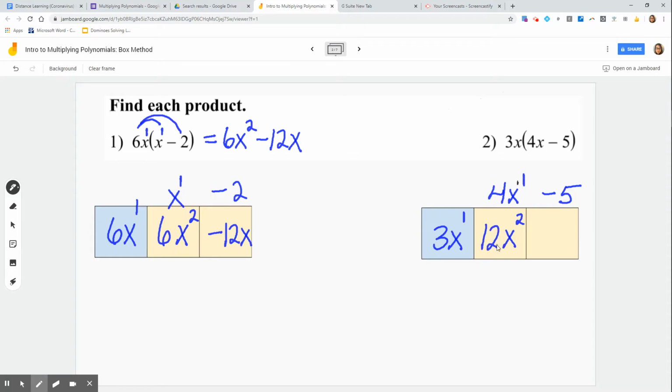So add the exponents, multiply the numbers in front of the variable, often called the coefficient. This is -15x. And then that again is equal to the original problem that we started with.